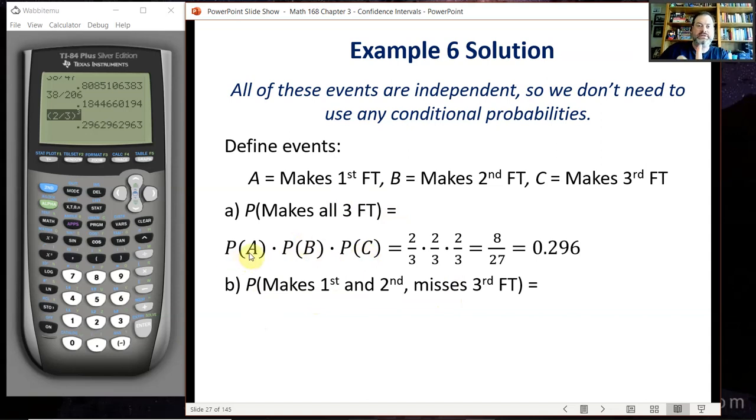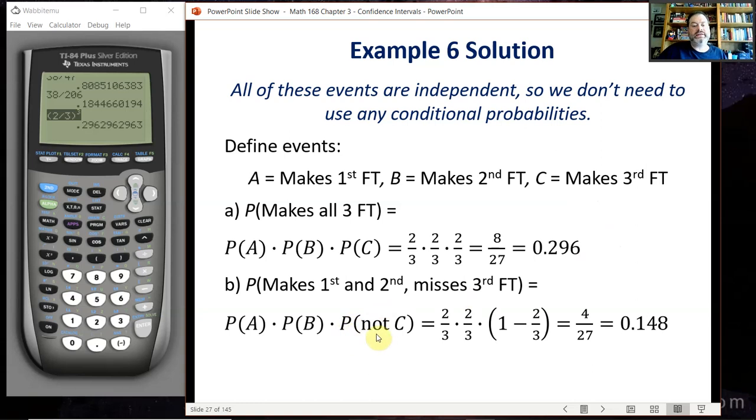Makes the first one is still the probability of A, makes the second one is still the probability of B. But if he misses this, we have to write this as not C. Remember, you either make a free throw or you don't. Missing the third free throw is the same as not making the third free throw, so we write it as not C. Then we use the formula. The formula says when we have a not, we replace it with 1 minus the event probability.